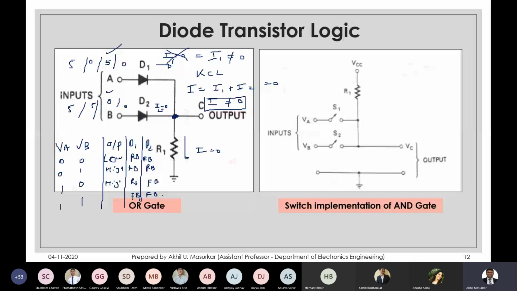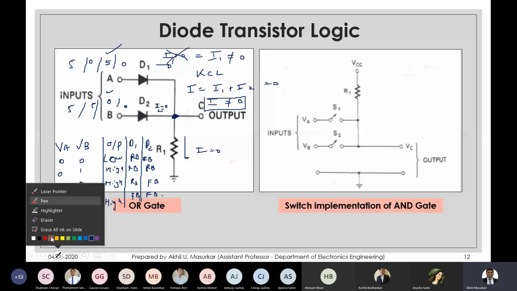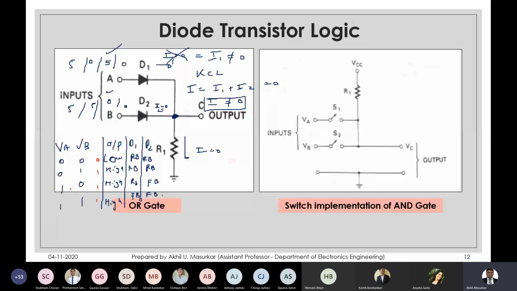Similar thing here, and when both are on, you will get an even higher current, so that is going to be high. So low, high, high, high means basically 0, 1, 1, 1, which is the output of an OR gate.